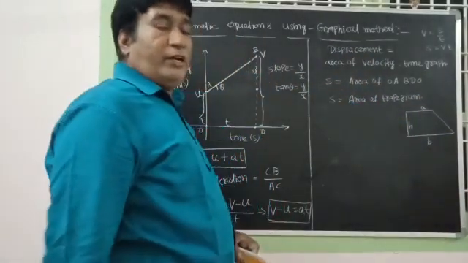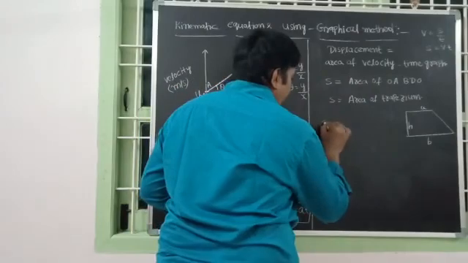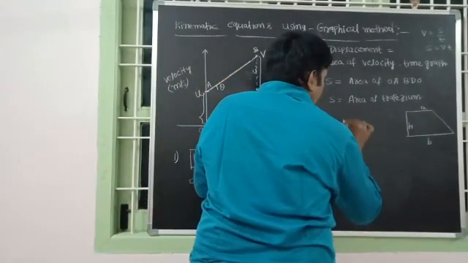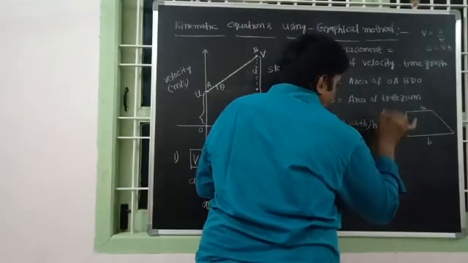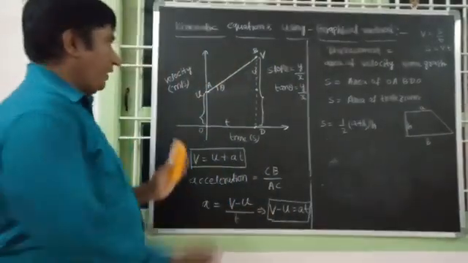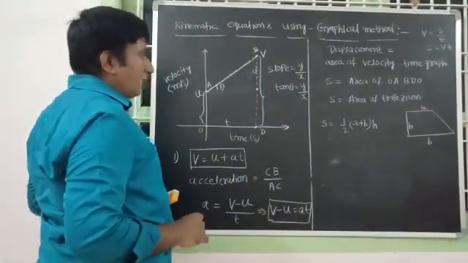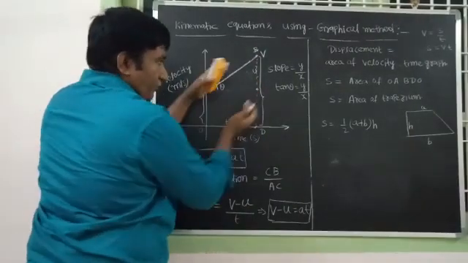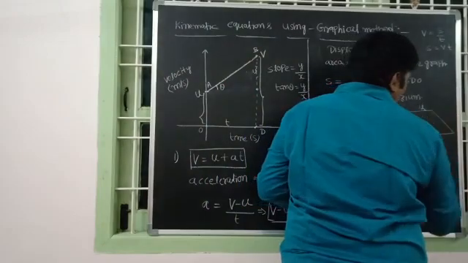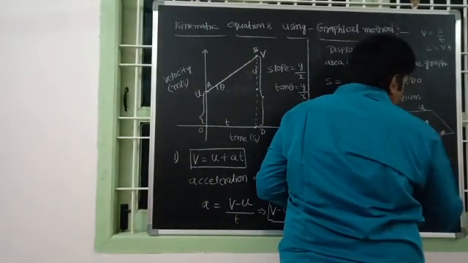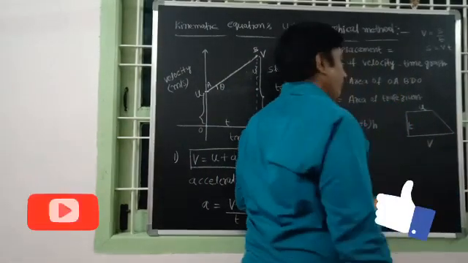So what's the formula for the area of a trapezium? Area of trapezium is S equal to half into a plus b into h. If you turn this, we get it like this. This is the u value, this is the v value, and this is the t value.